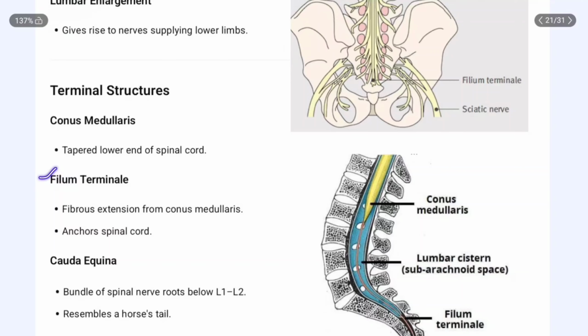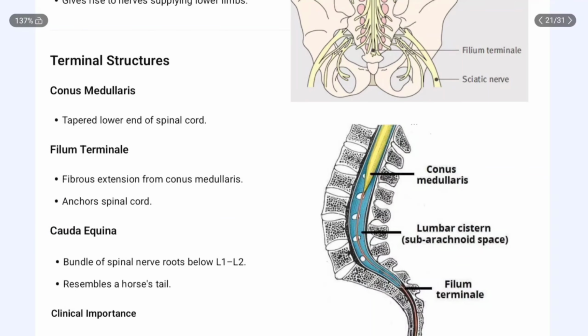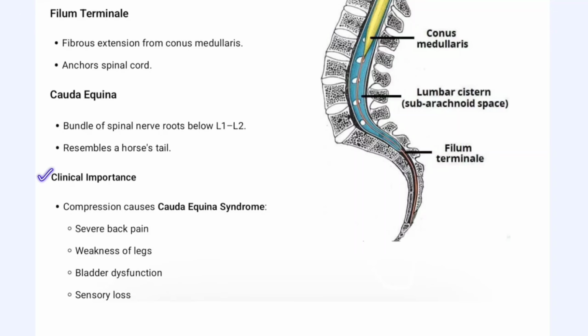Filum terminale, it is the fibrous extension from conus medullaris. It anchors spinal cord. Cauda equina, bundle of spinal nerve roots below L1 and L2. Resembles a horse tail. What is the clinical importance? Compression of cauda equina cause severe back pain, weakness of leg, bladder dysfunction, sensory loss.